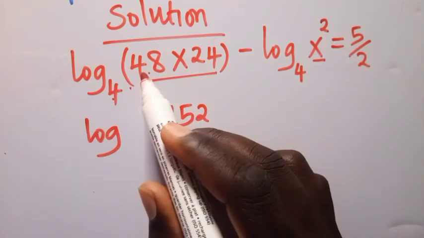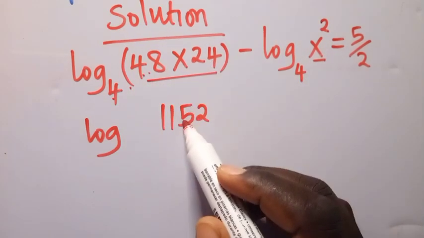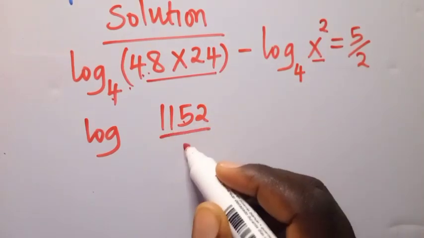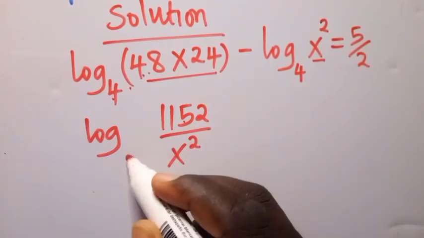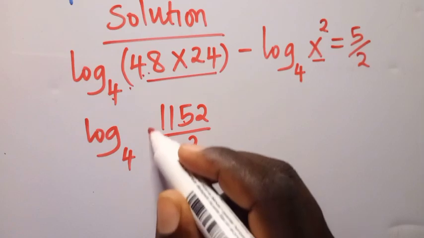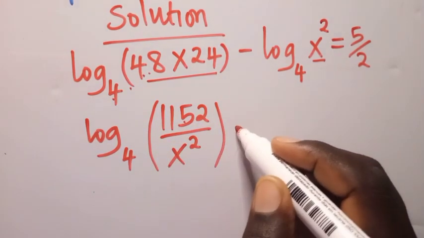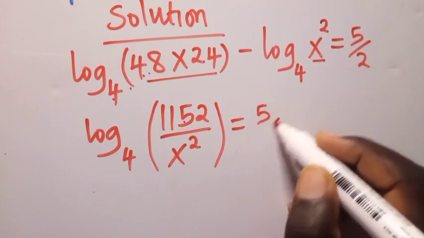That is, 48 times 24 is 1152. Then because of this minus, we shall have divided by x squared. Then they are to base 4. Then we close the bracket that way. Then equals to 5 over 2.